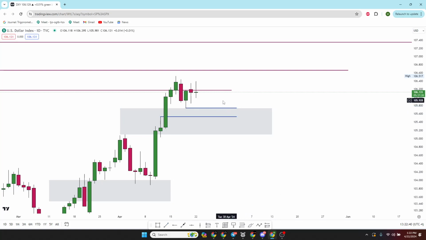There's still some gap in there from this high to this candle's low. We're gonna leave this gray area here just for reference of the weekly fair value gap.